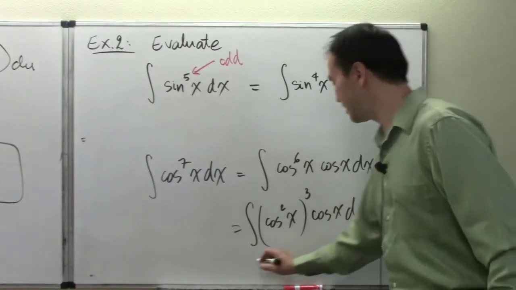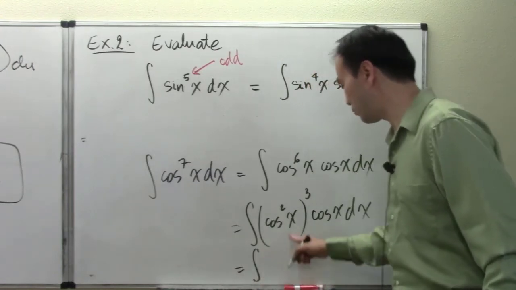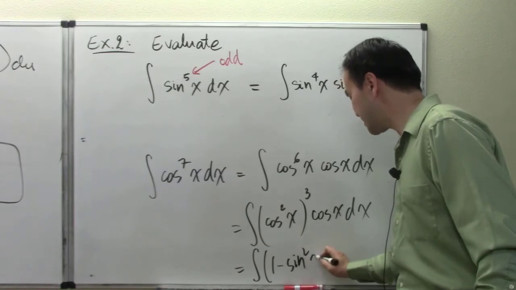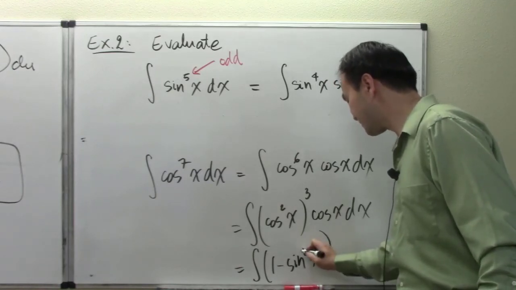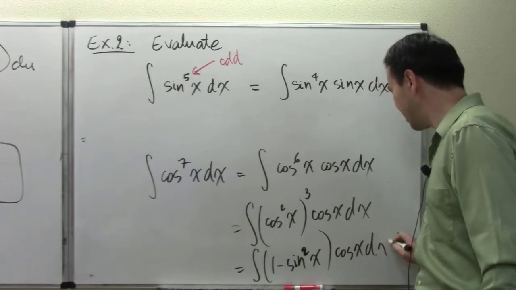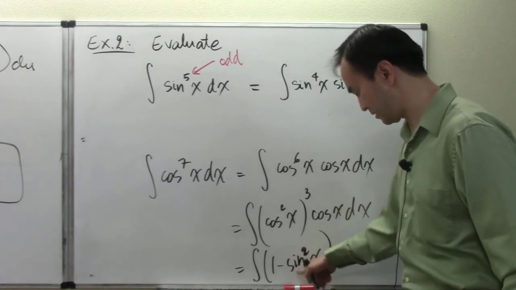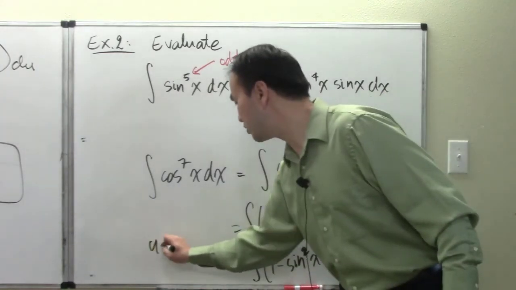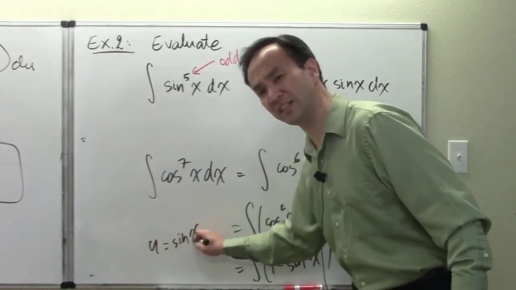And then in the next step, cosine squared is the same as 1 minus sine squared. So these steps should be very similar to each other. And here the intention is to substitute sine. So I'm going to let u equal sine of x. See how fast it happens right there?